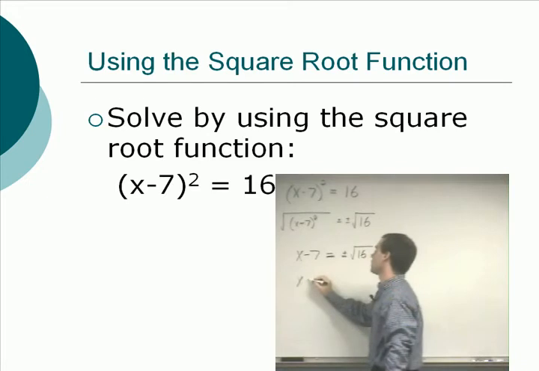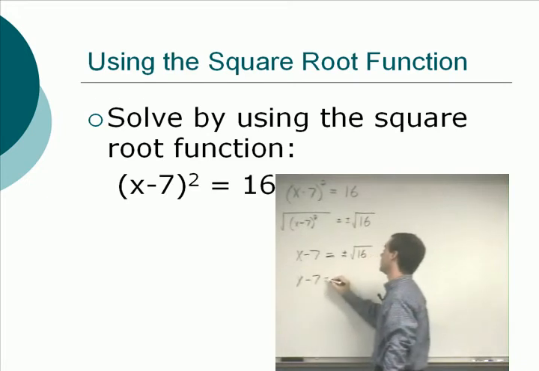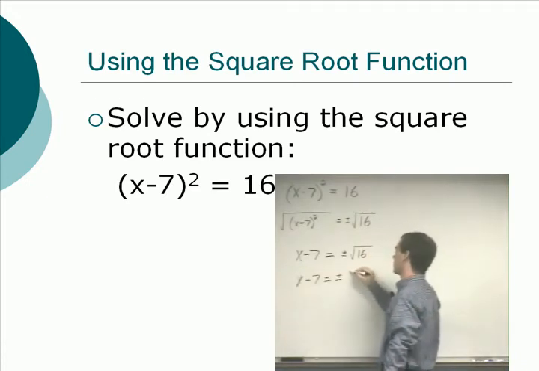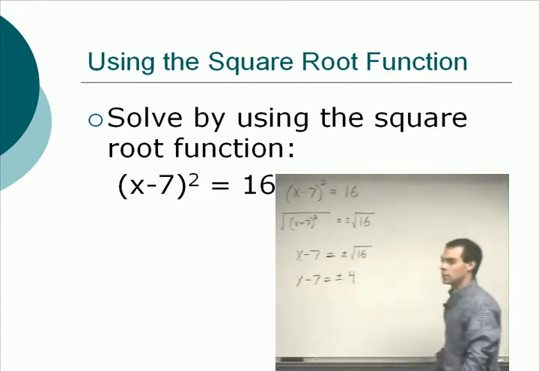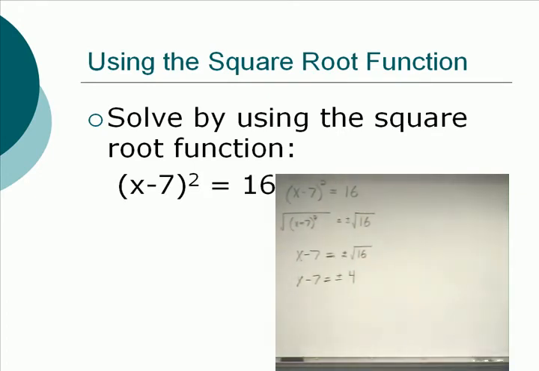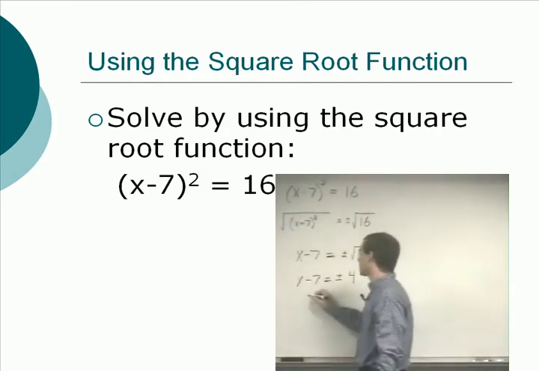Well, we know that the square root of 16 is 4. So just by taking the square root of both sides, on the left we get x minus 7, on the right we get plus or minus 4. Everybody agree with that? Well, then we're set. To finish this, we can just add 7.